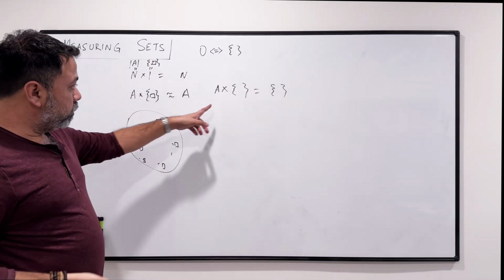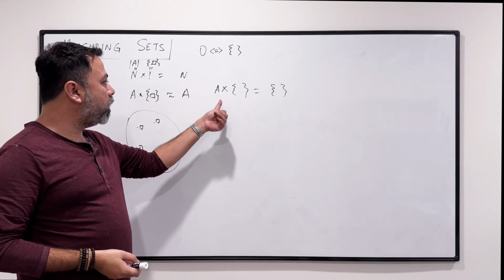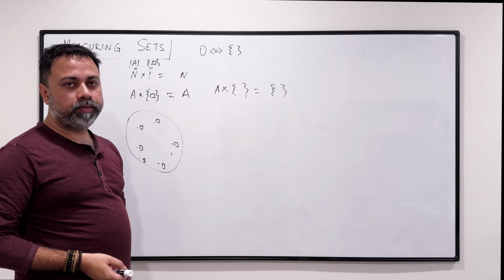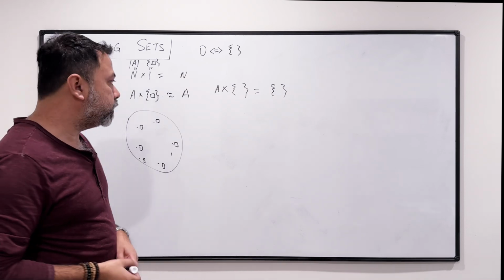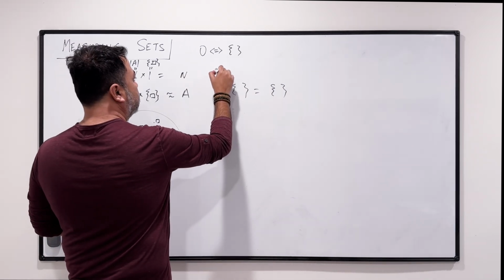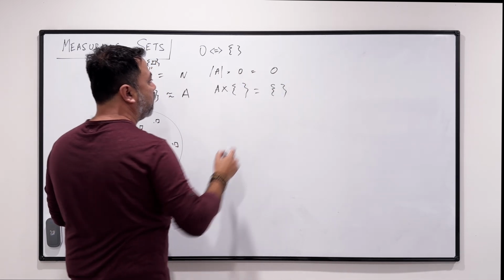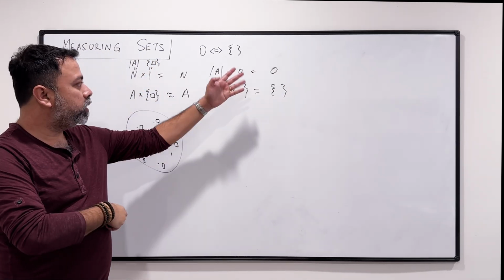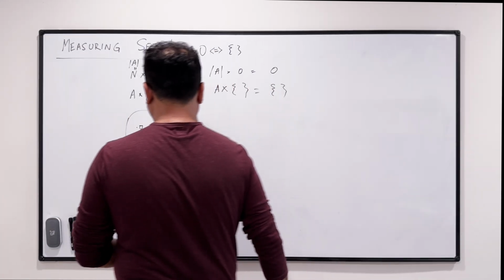Because recall the definition of product: you have to pair up elements where one element comes from here and the other element comes from there. But nothing comes from there, and therefore nothing can come out in the resulting set. And this bears out because for numbers, you multiply something with 0 and you get back 0. So far so good, right?